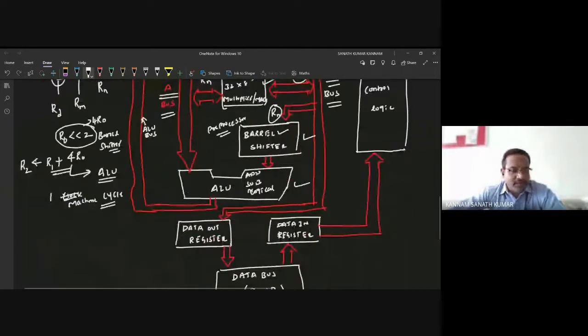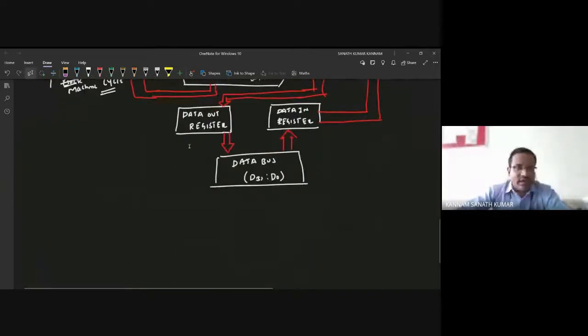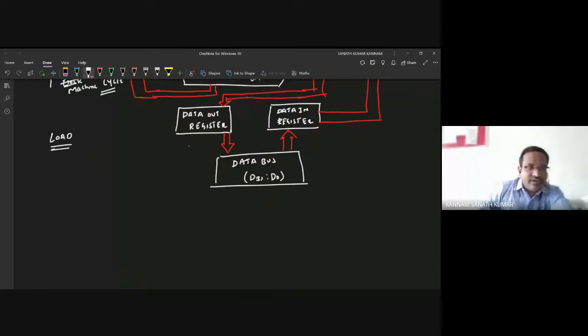Here, as I told you, this ARM is a load store architecture. So what is load? A load instruction copies the data from a memory location to a register. And what is store?